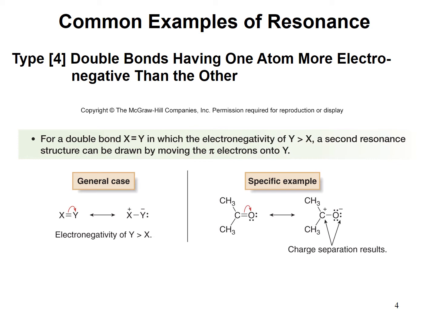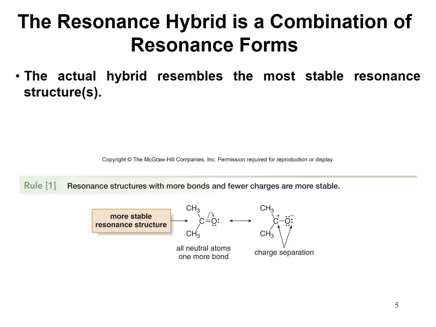The oxygen of acetone is more electronegative, therefore I can move the carbon-oxygen double bond electrons to the oxygen, giving me a carbocation and an oxygen negative. That separation of charges is one of the things that we're going to use in later chapters to indicate the reactivity of carbonyl atoms.